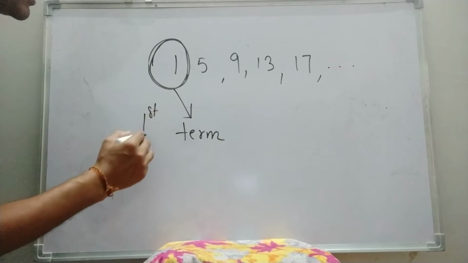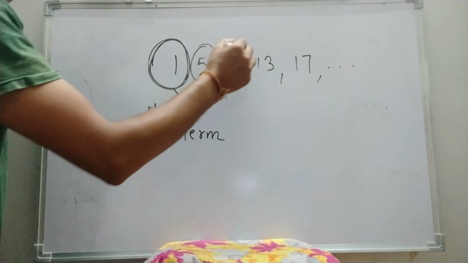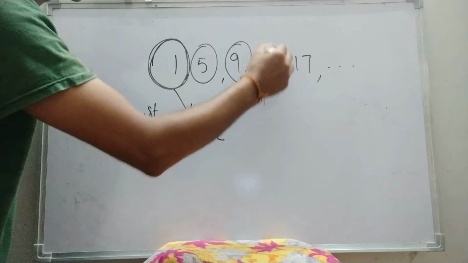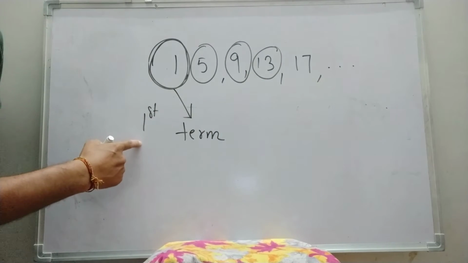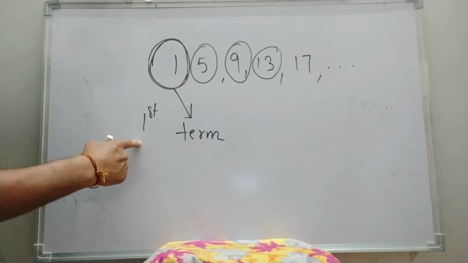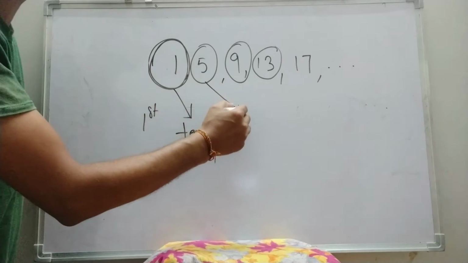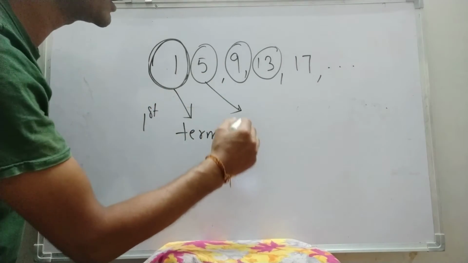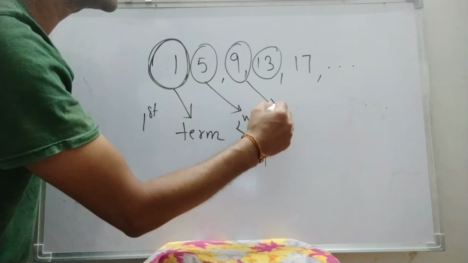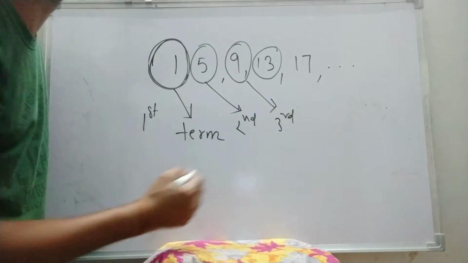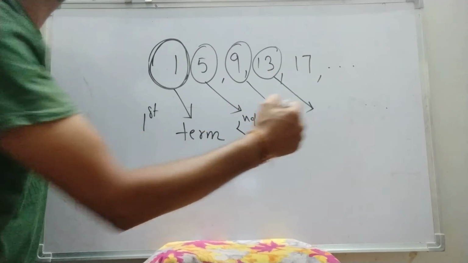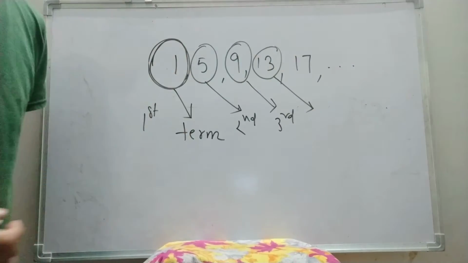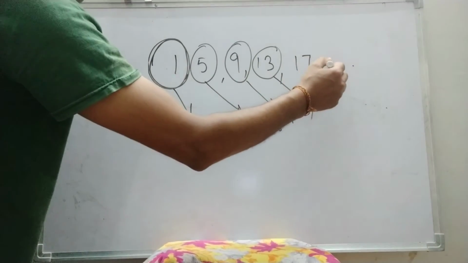So these numbers are called the terms of the sequence, and the number in the first position is called the first term. 5 is the second term, 9 is the third term, 13 is the fourth term, and 17 is the fifth term, and it goes on.